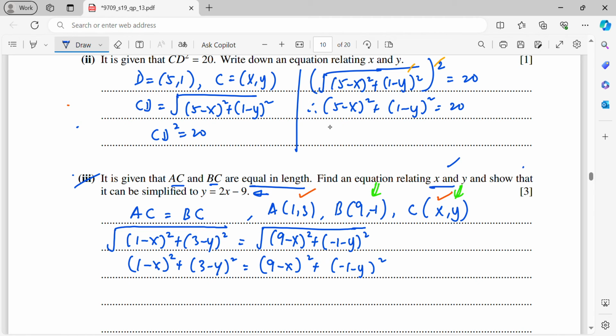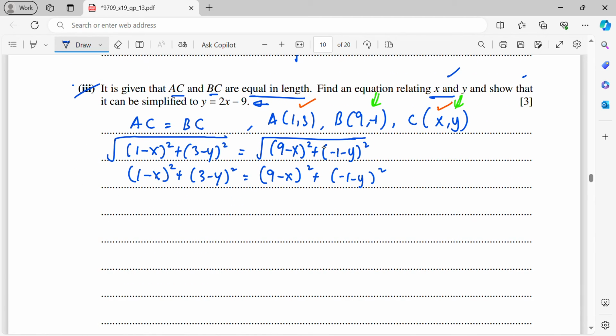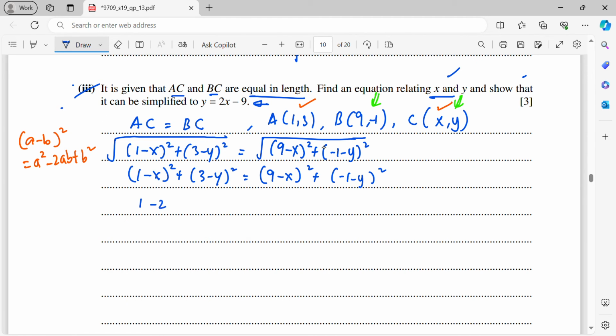Now from here, ensure it can be simplified into y equals 2x minus 9. What to do is just expansion, using quadratic expansion: (a minus b) squared is a squared minus 2ab plus b squared. You will be getting 1 minus 2x plus x squared, and then (3 minus y) squared is 9 minus 6y plus y squared.